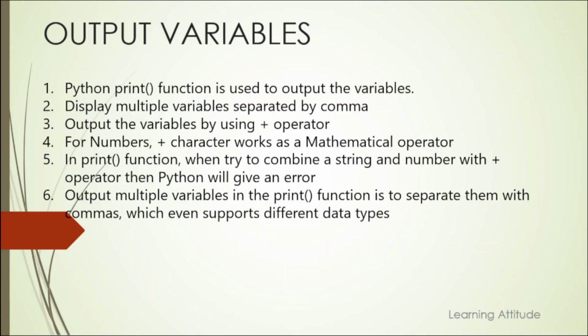To output multiple variables in the print function, separate them with commas, which even supports different data types. In the previous example we saw the plus operator giving an error when we were using a string and an integer. But if you want to print both a string and an integer, then you can use the comma. So let's see one example.